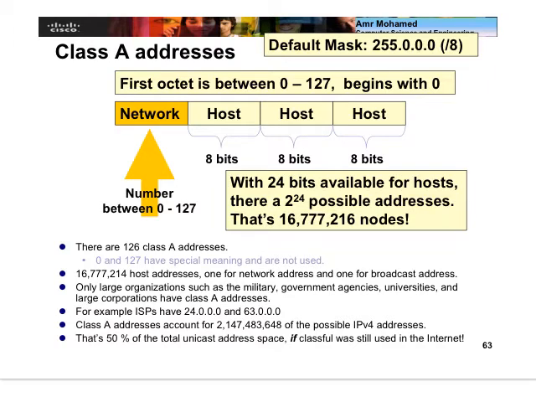So Class A ranges from 0 all the way to 127 in this octet.